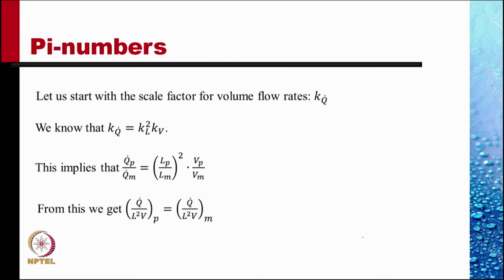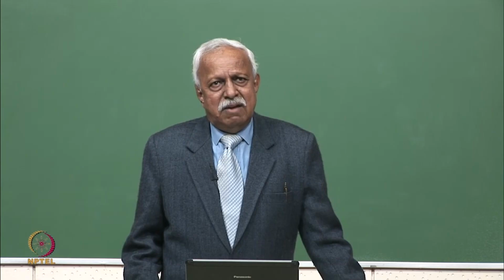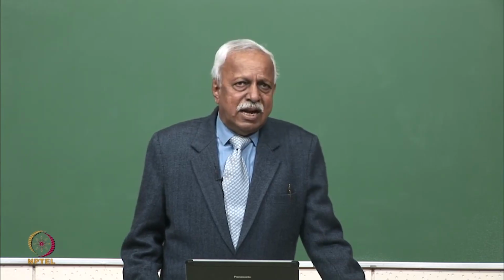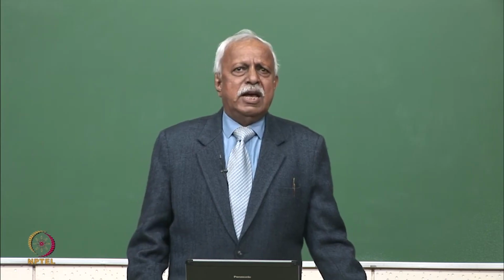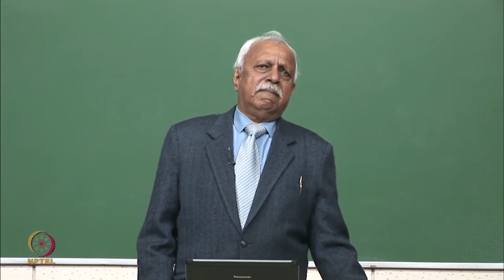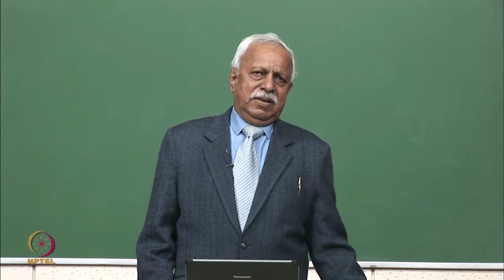corresponding lengths. If in an aircraft wing we are talking of chord in one case, it has to be chord in the other case. If we are talking of the thickness in one case, then it has to be thickness in the other case. Whatever we choose as the characteristic value of the length.